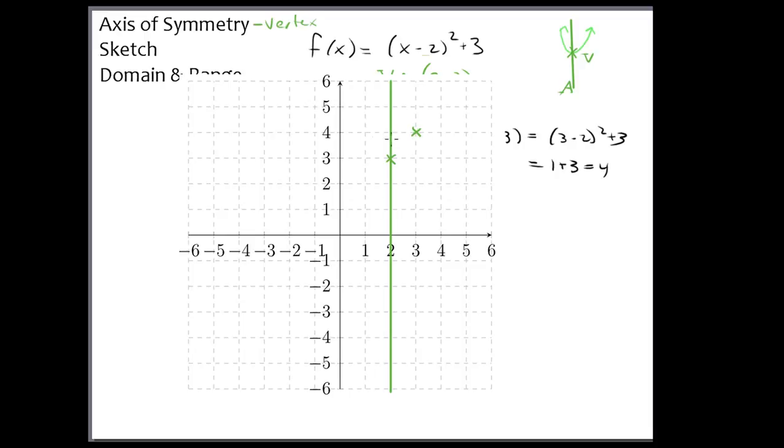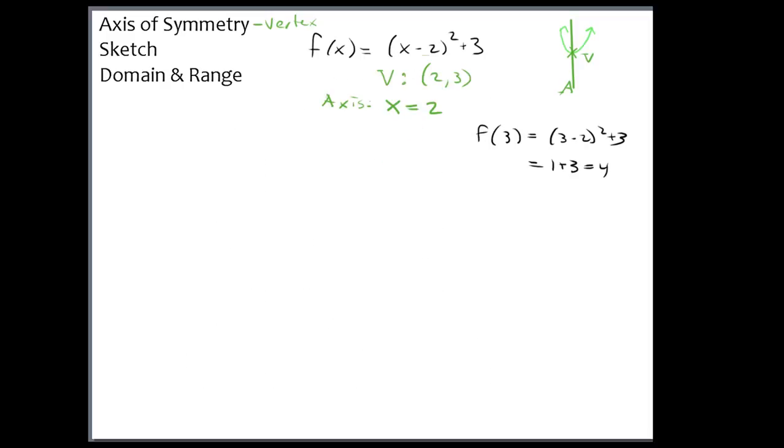And since this is the axis of symmetry, I know there's going to be a symmetric marking over there. And f of 4, I'm guessing, is going to be, so an increase of 2 will make it 4 higher. So I'm guessing it'll be 7 and off our scale, but let's check and confirm. f of 4 is equal to 4 minus 2 squared plus 3.